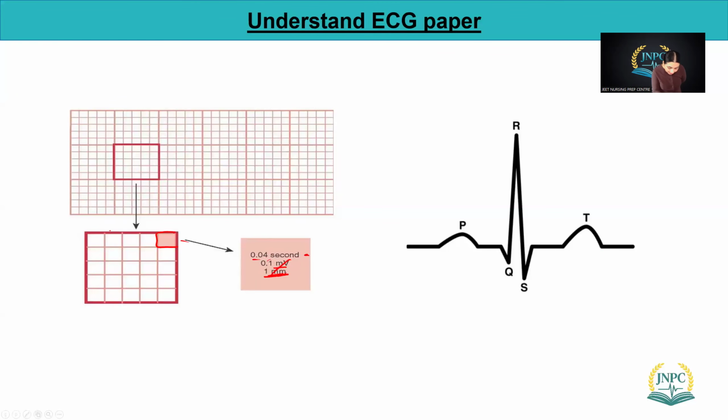And how many do we have? 1, 2, 3, 4, 5. So multiply 5 by 0.04. How much do we get? About 0.2. Actually, it is 0.20. But what is the rule here?